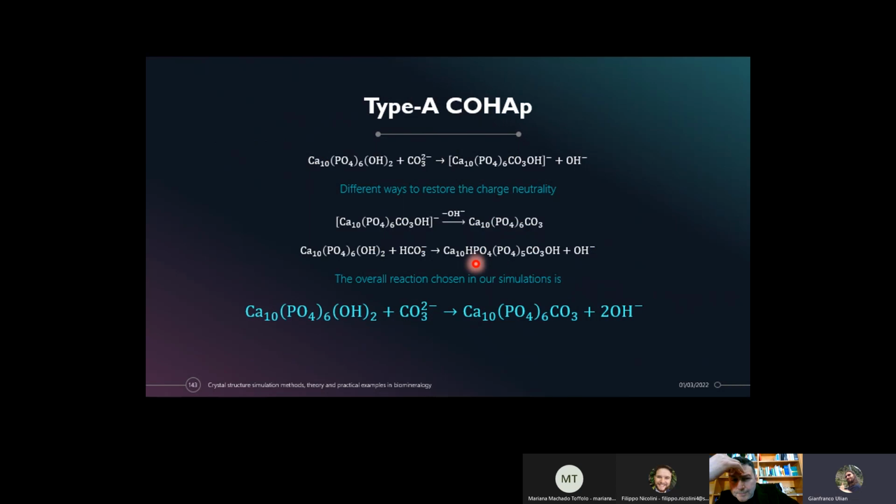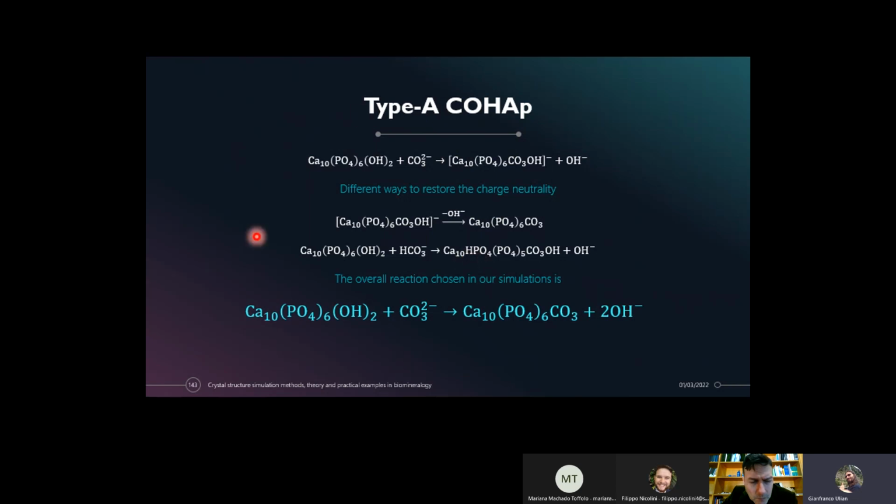Regarding the type A substitution, we studied these substitutions with theoretical simulations to decouple the effects of the type A and type B substitutions, to see what happens to the crystallographic and other properties of the mineral when they occur in the hydroxylapatite, and then we recombine them to see the overall effects of the type AB carbonate defect.